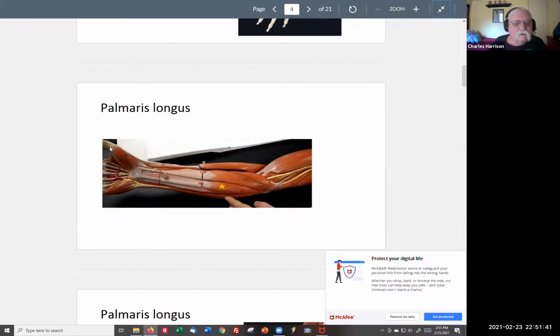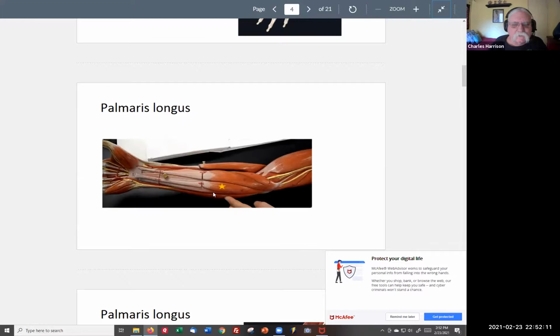Here's the thumb again. Here's the little finger. And here, down here, is the flexor carpi ulnaris. Looks like there are 2 parts. All carpi muscles, and there's going to be 4 of them, have 2 heads. None of the others have but 1.